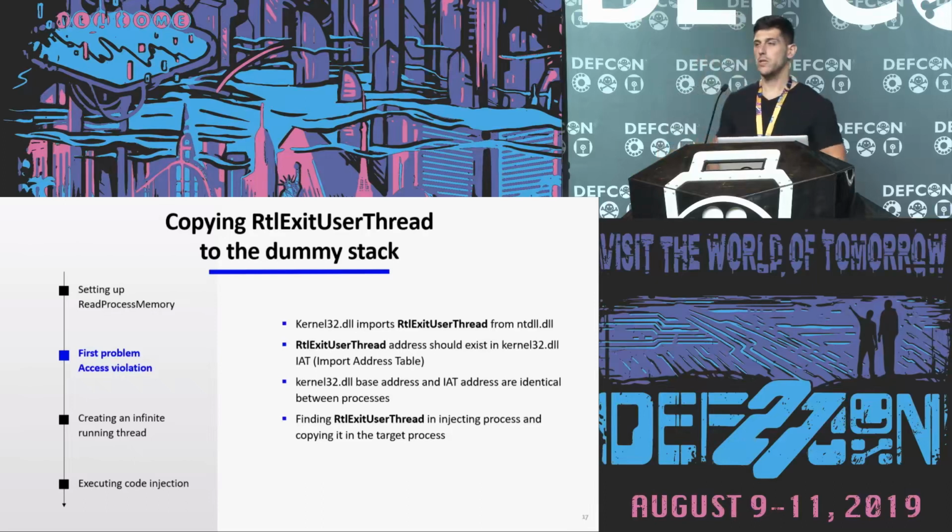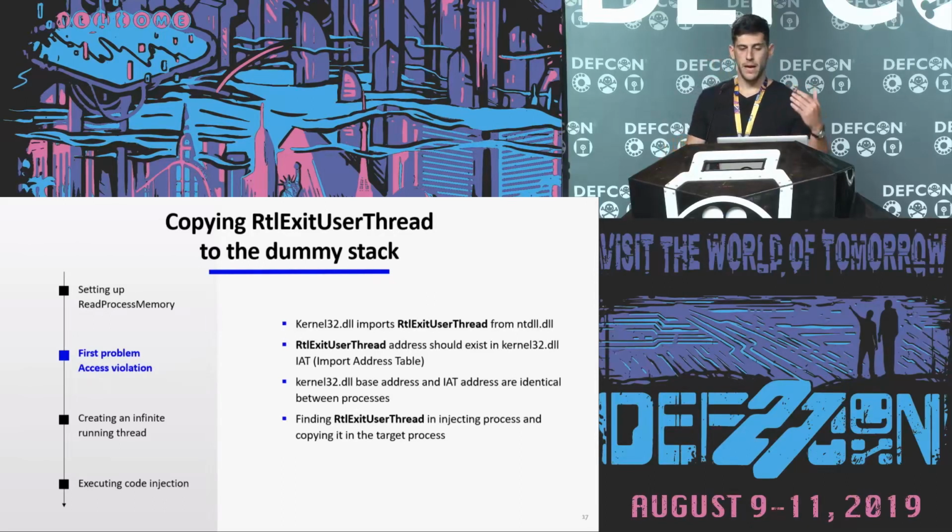Okay, so to do this we have 2 steps. First we need to find a place where the RtlExitUserThread address exists. So let's first talk about kernel32 and NTDLL. Those are both DLLs in Windows that are loaded in each process at the same location. So the base address of them is similar in each and every process.